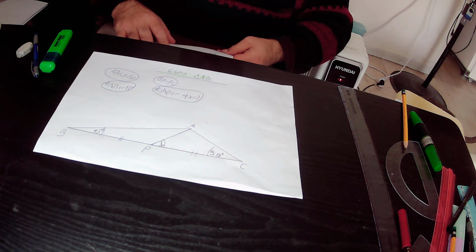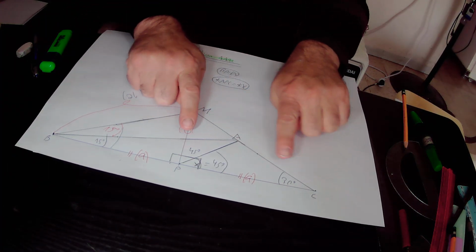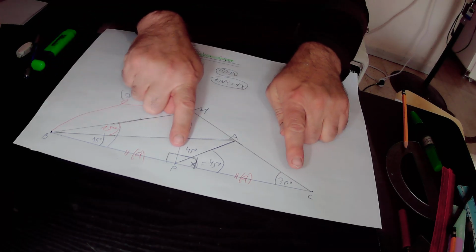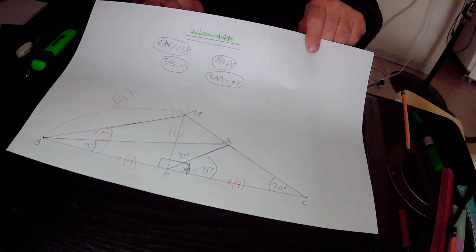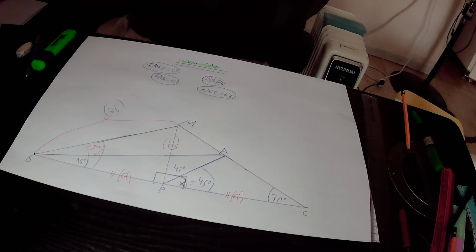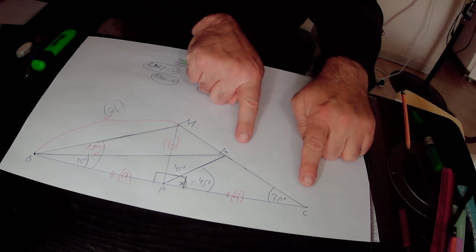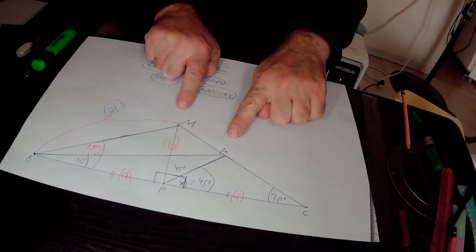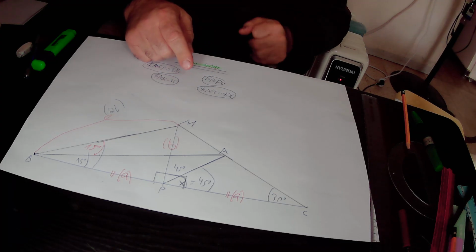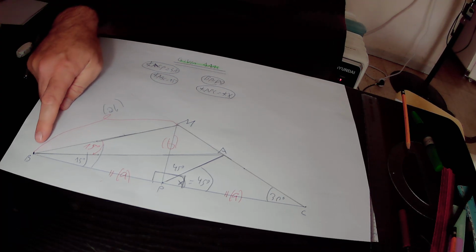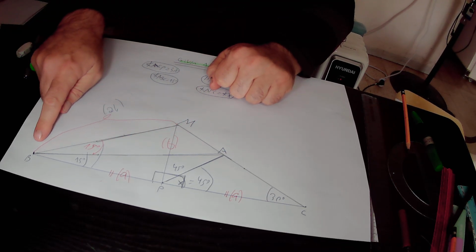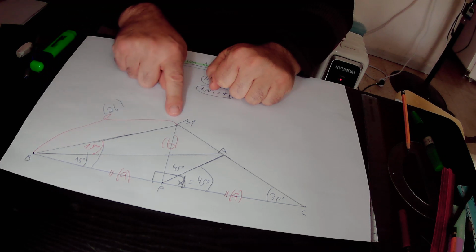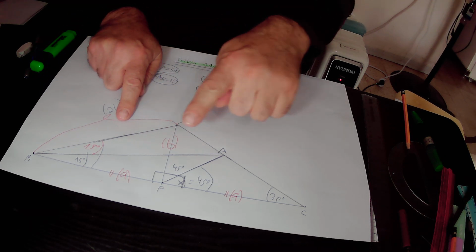So first of all, as I already mentioned, BP equals PC. Therefore, if BP is A, then PC must also equal A, because they are equal to each other according to what is given in the question. In the next step, we extended side CA, and then we created an angle of 15 degrees at point B in such a way that BA is one leg of the angle, and the other side creates 15 degrees with the leg BA.